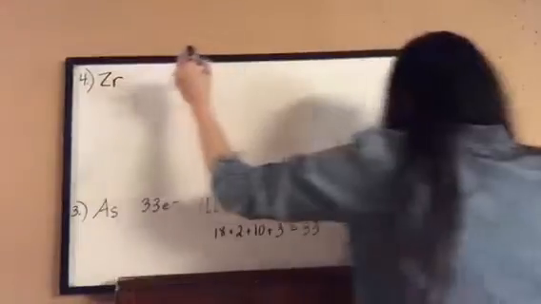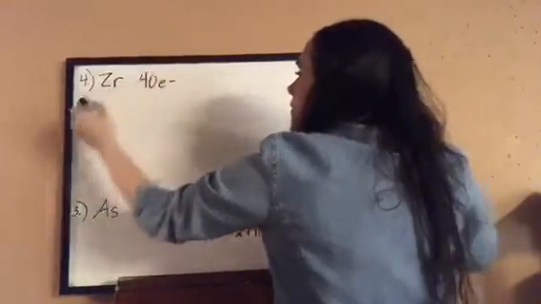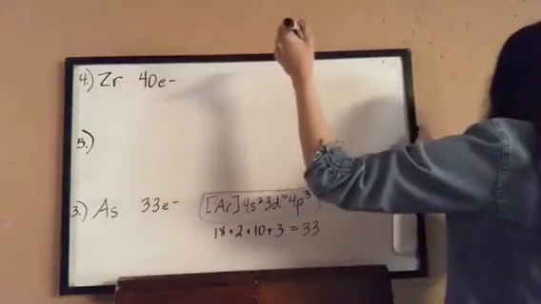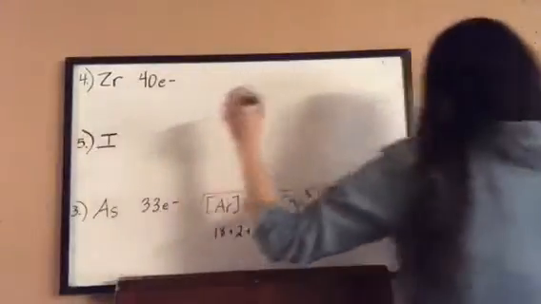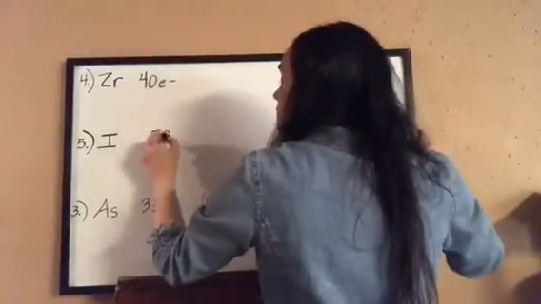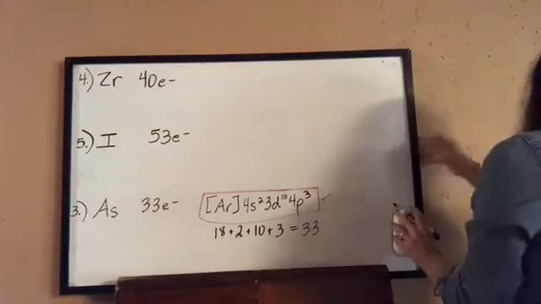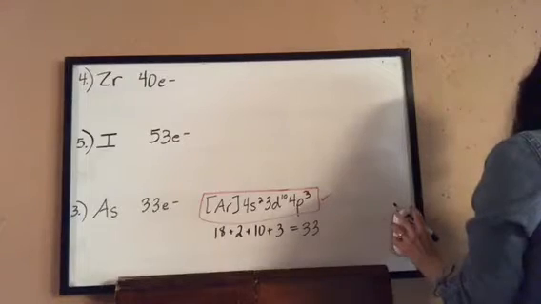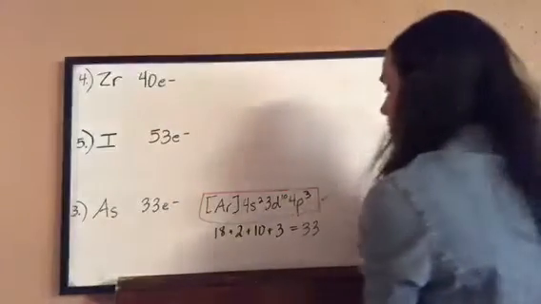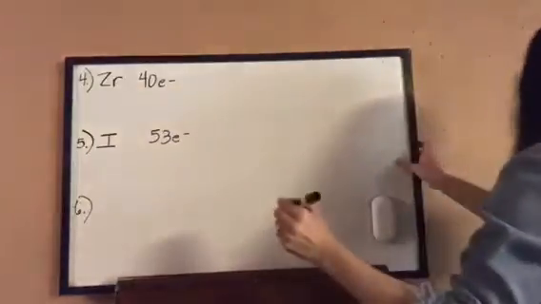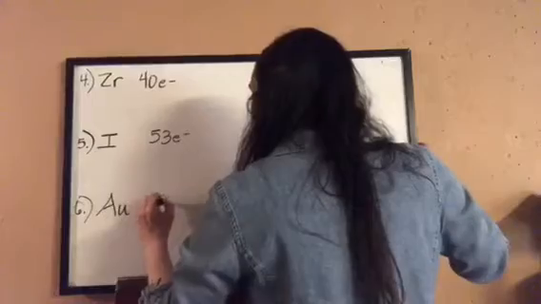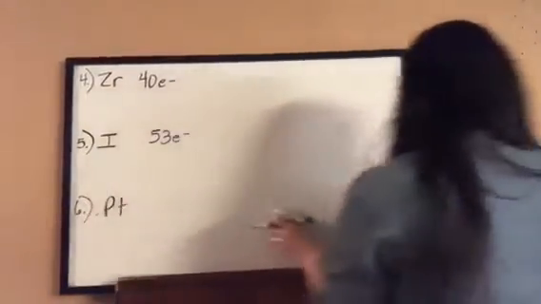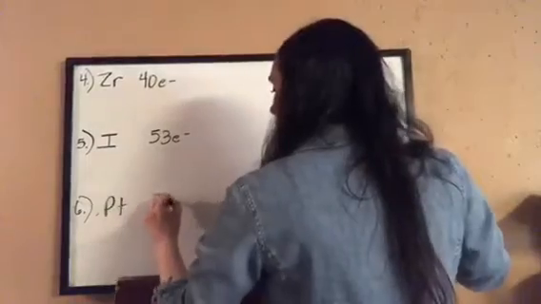Zirconium. Iodine, 53. Let's do gold. Let's do these ones.